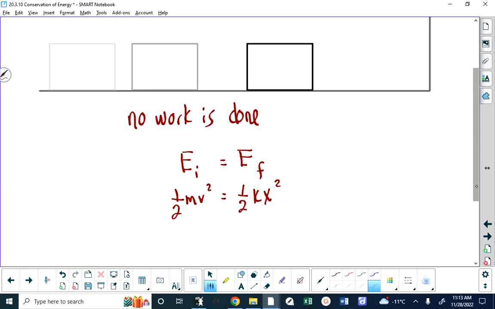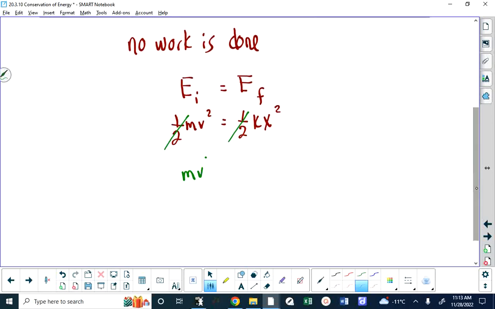No force, no work. If I want to find k, I can multiply both sides by 2 and get mv squared equals kx squared. So k will be equal to mv squared over x squared. And I don't have to think about that average force, maximum force, applied force.